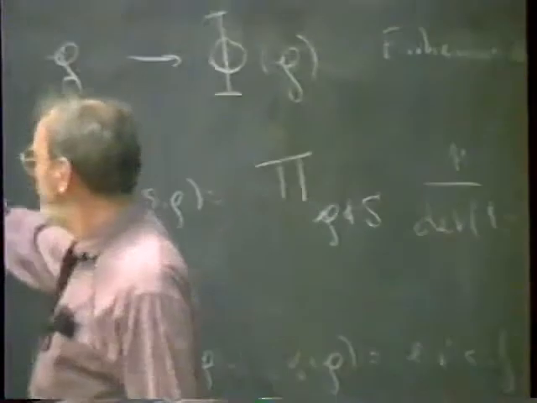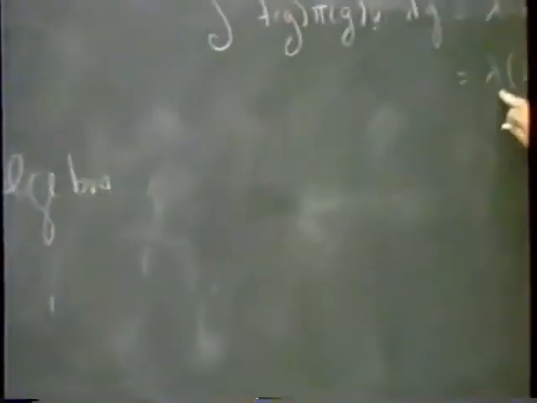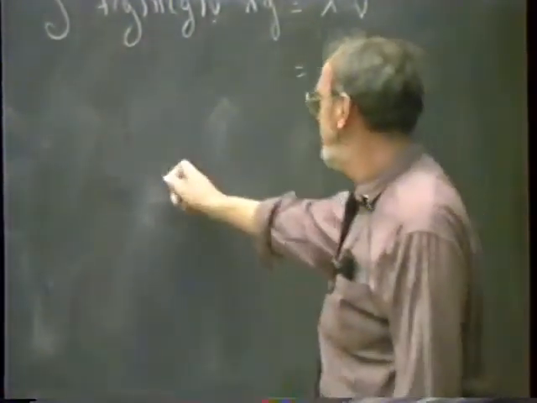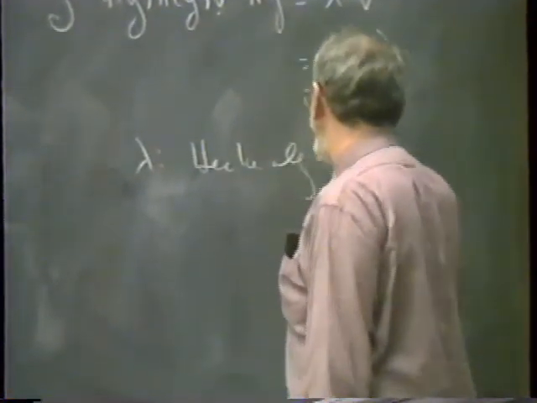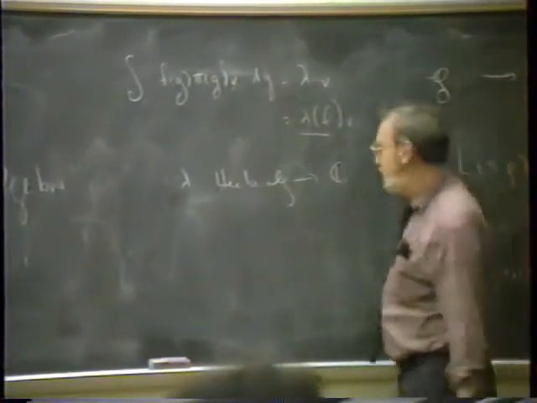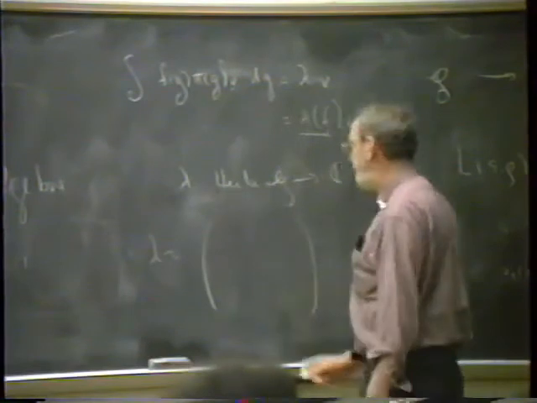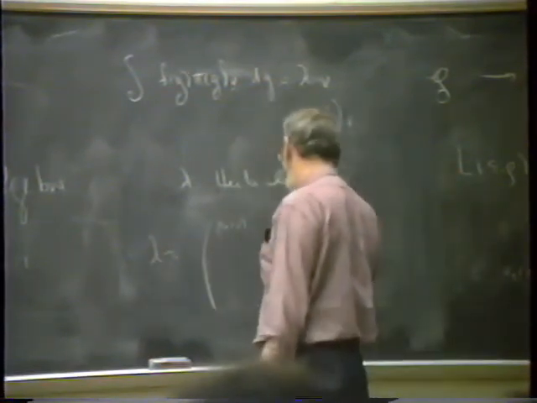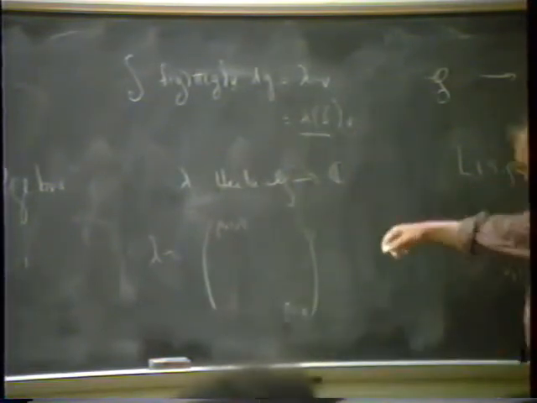But what is easy to prove is that this number is a homomorphism. This homomorphism lambda takes the Hecke algebra to C, and such a homomorphism, it's easy to show, is associated to n complex numbers, beta 1 of p up to beta n of p, that are determined up to permutations.